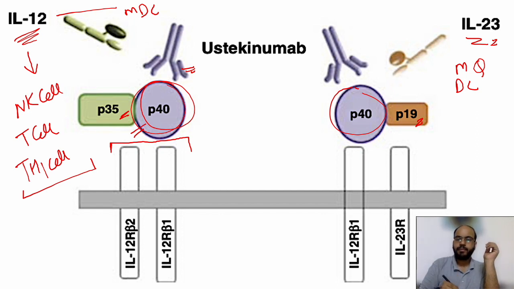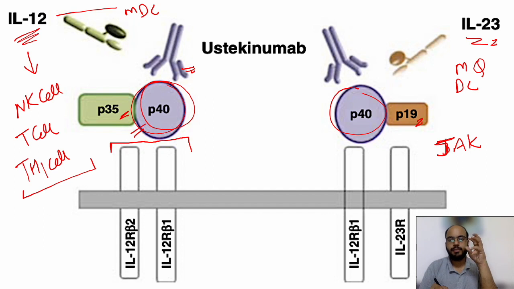Now, interleukin 23, after acting through these interleukin 23 receptors, the signal also goes through JAK pathways, and that is why JAK inhibitors are now being used. It's very commonly used in psoriasis now. So the JAK-STAT pathway is a pathway utilized by interleukin 23, predominantly JAK2 and tyrosine kinase 2.